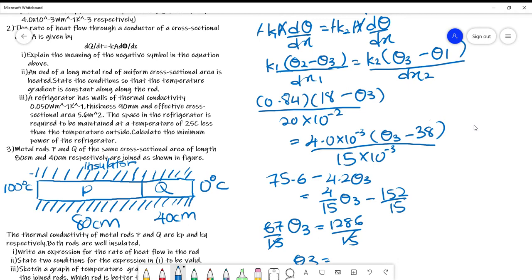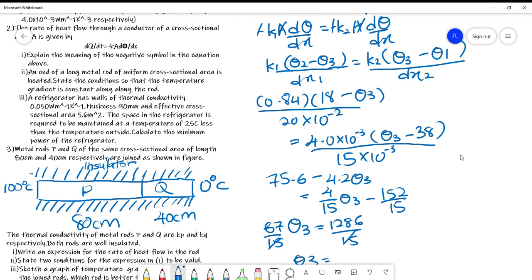Theta 1 minus theta 2. Alright. There's a mistake I found.